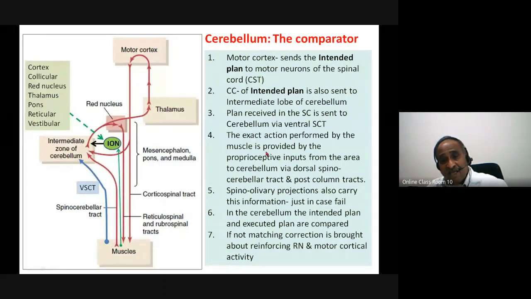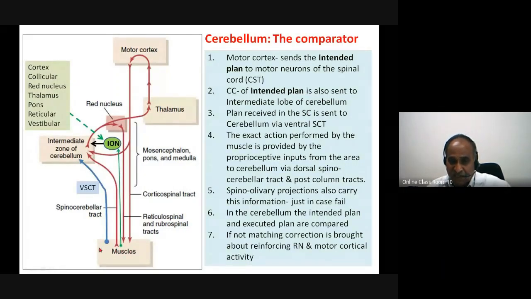And this exact action is assessed by the proprioceptive components, the proprioceptive senses. Now the proprioceptive inputs coming from this area of the muscles will ascend up in the dorsal spinocerebellar tract, and this is exactly what the muscles have performed. So now we have an intended plan, and this is the executed plan.